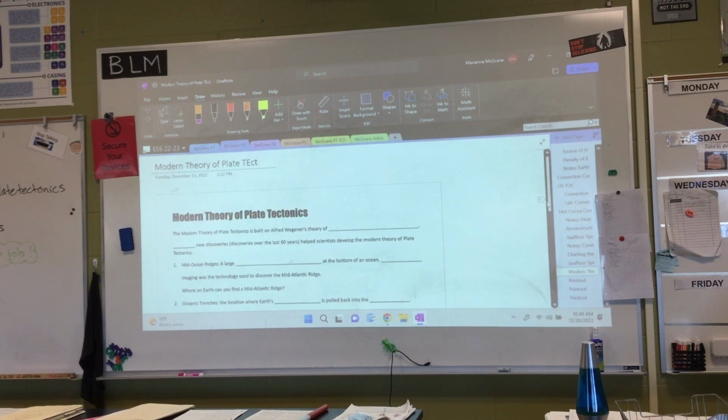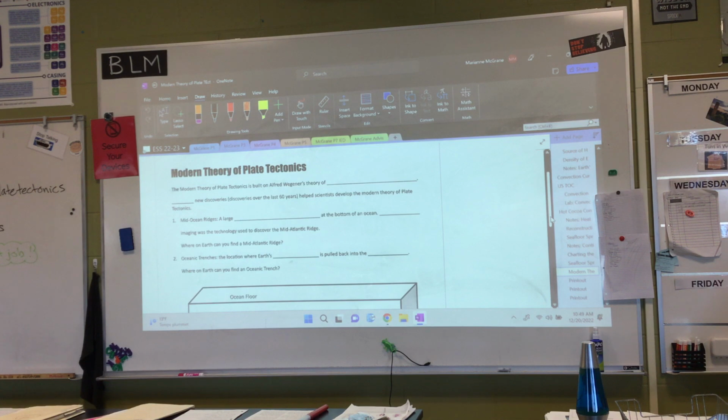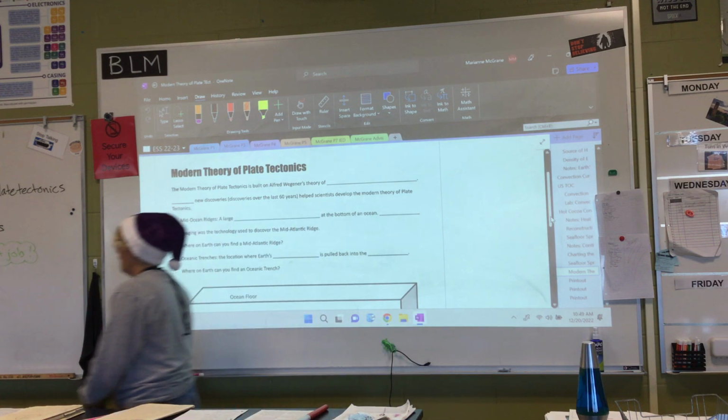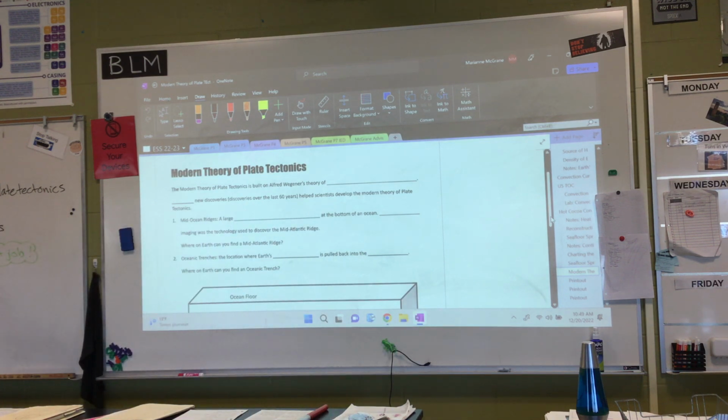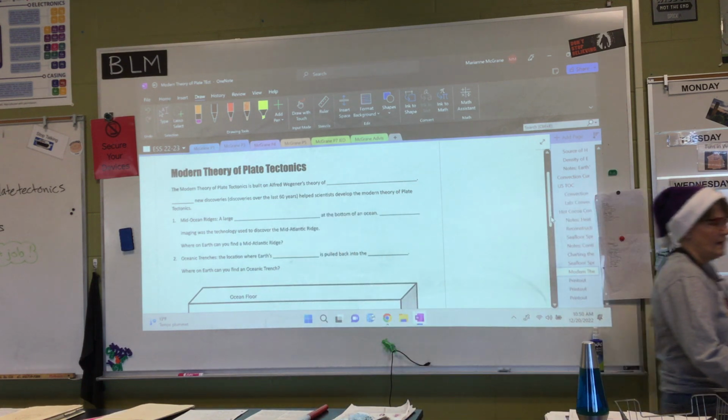All right, so this is what we're looking for: modern theory of plate tectonics. It's on the back of continental drift. There you go.